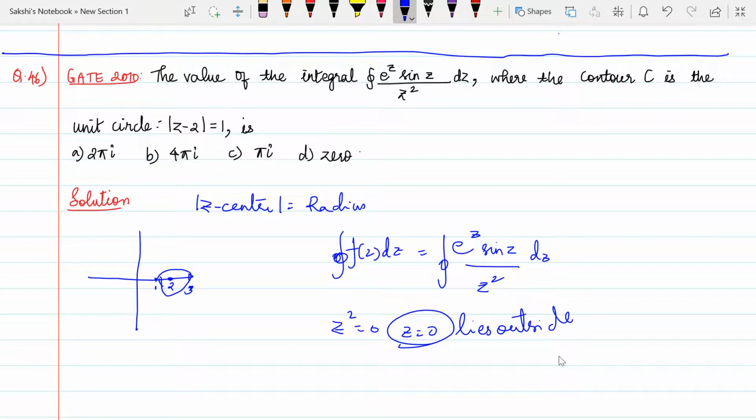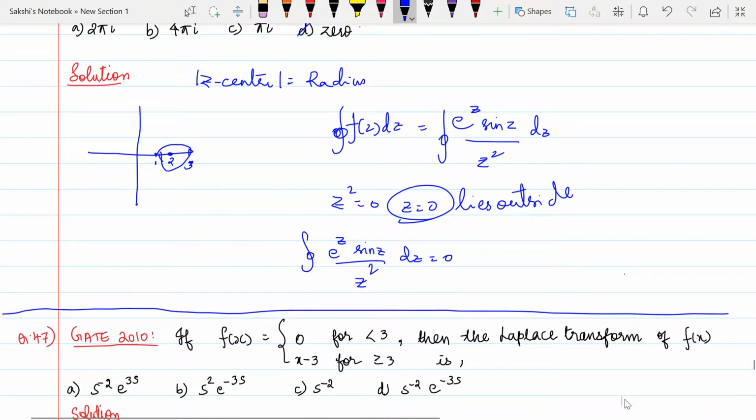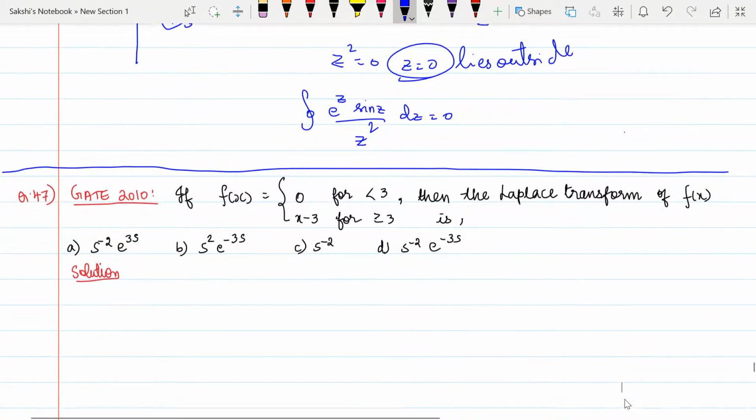When z equal to 0 lies outside, you don't have to find the residue. The direct answer will be 0. So the value of this integral e power z sin z by z square dz will be equal to 0. A very simple question.